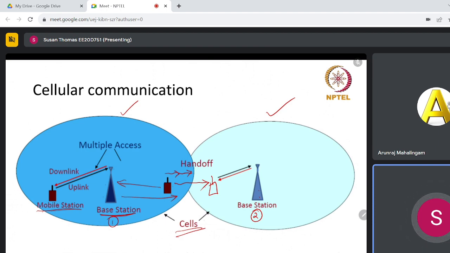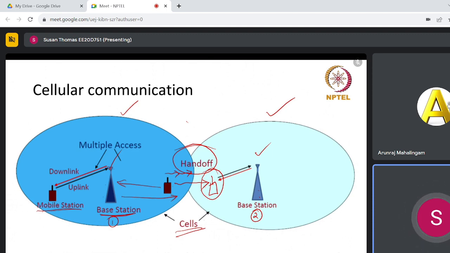So there will be a switching between base station 1 and base station 2 for this particular mobile. That is called handoff. Signal handoff. That is why sometimes when we are traveling some distance, we lose contact with one base station and get into contact with the other.